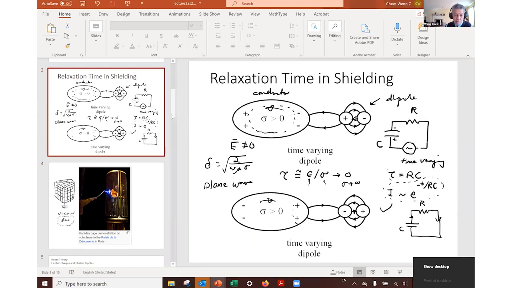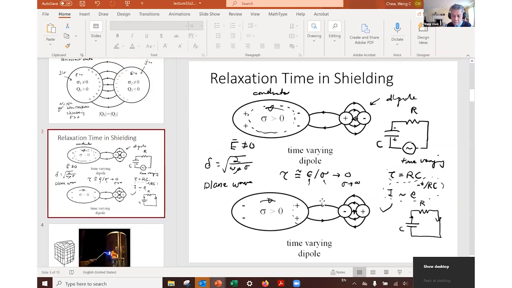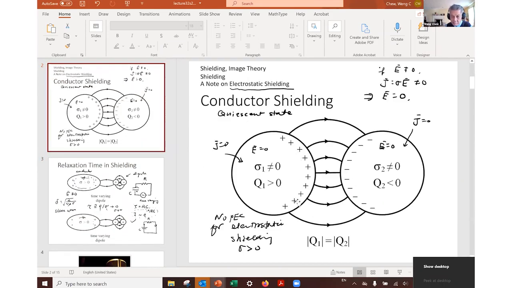In the first example that we showed here, essentially if E becomes zero inside, then grad phi must be zero, which means that phi is a constant inside the conductor. This means that inside the conductor in the electrostatic case, the potential is always a constant.